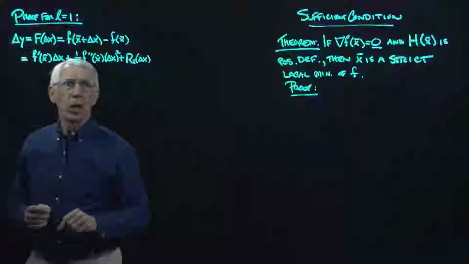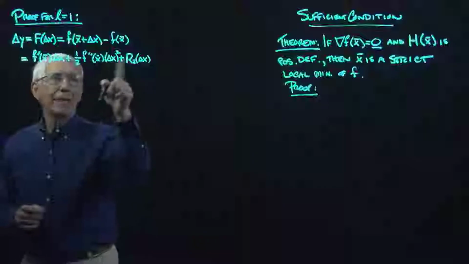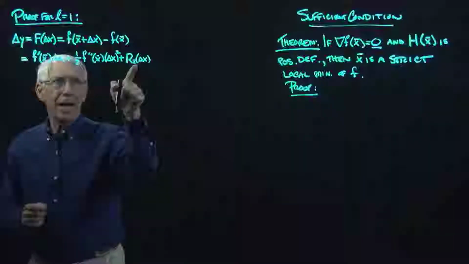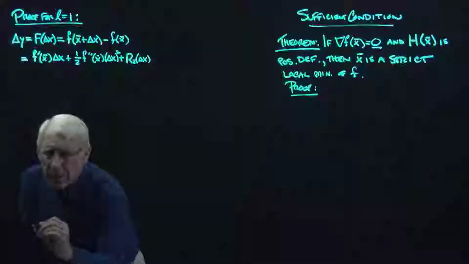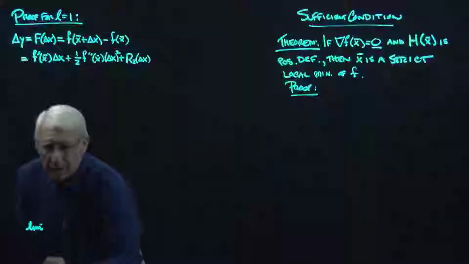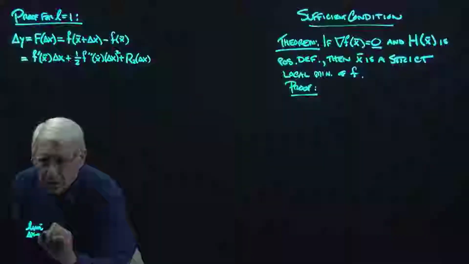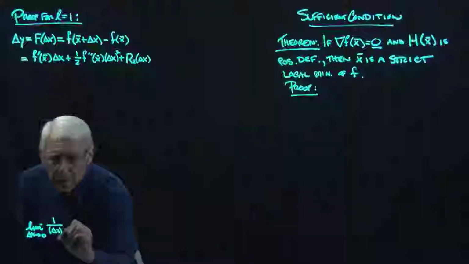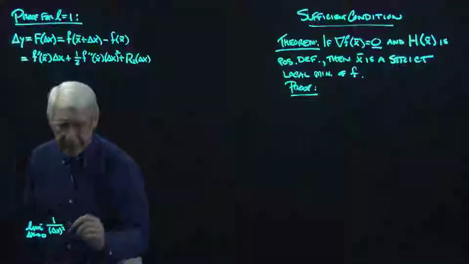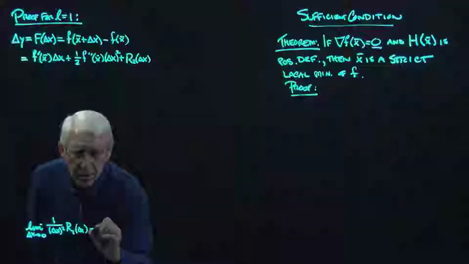So what I want to do next is I want to divide everything by delta x squared. In fact, let me even put here that one thing we know about this R2 is that the limit as delta x goes to 0 of 1 over the square of delta x times R2 of delta x is 0.